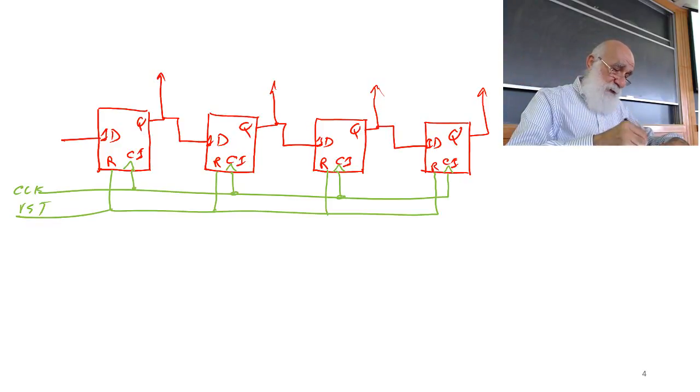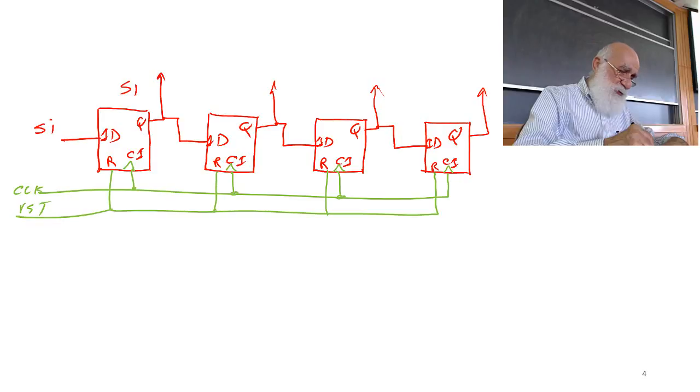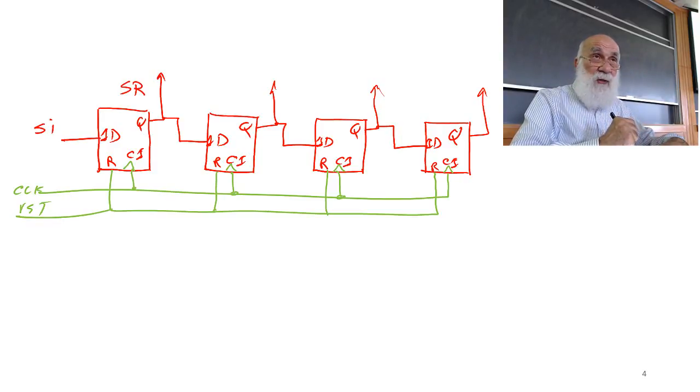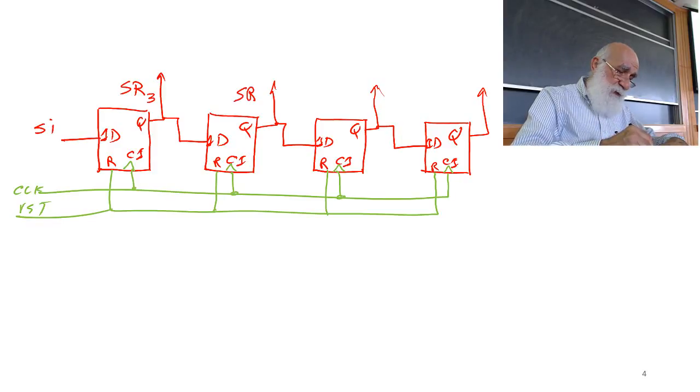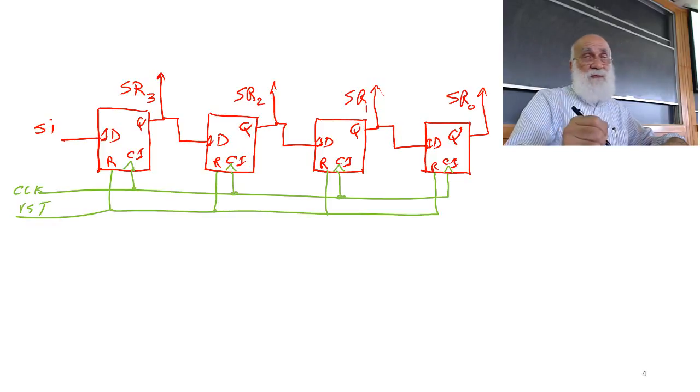Let's call this my SI, or serial input, and this is my shift register, and I'm going to tell you why I call this a shift register. Shift register output bit number 3, bit number 2, bit number 1, and bit number 0.